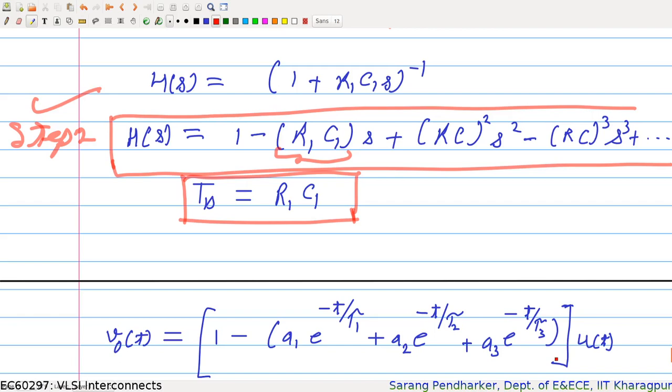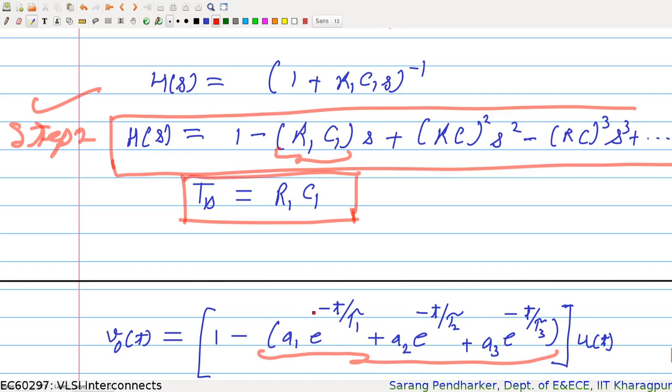The difference is that in that case the number of terms in the summations was infinite, right? So here we have only three terms, with summation i going from 1 to 3 in this case.